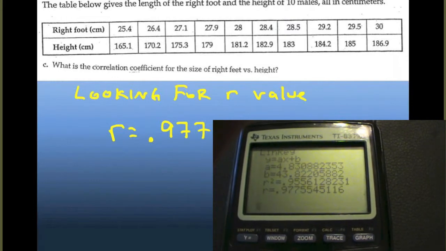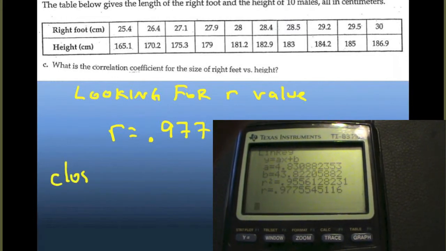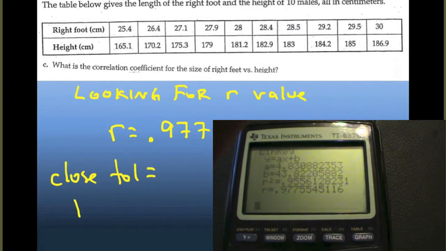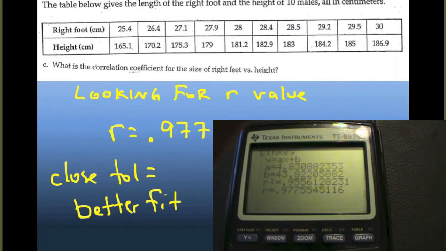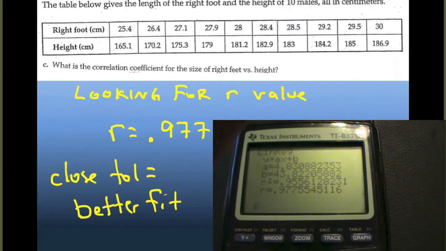The closer that is to 1, the better the fit. So the closer the number gets to 1, the higher the correlation coefficient, the more correlated the two things are.